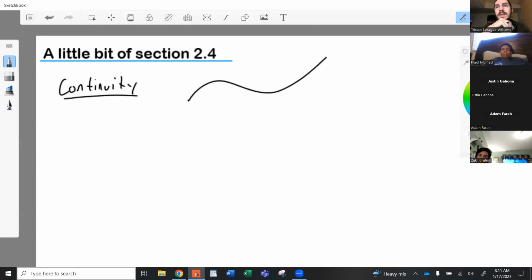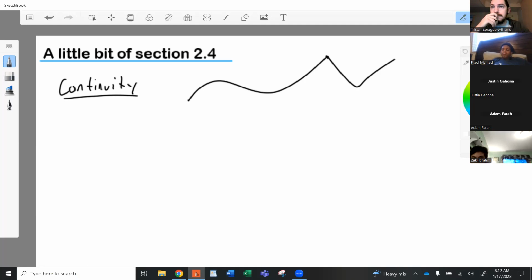This is what continuity looks like. Continuity of a function can be described informally by saying that you can draw the graph of that function without lifting your pencil or pen off of the paper. It's a continuous graph that connects.